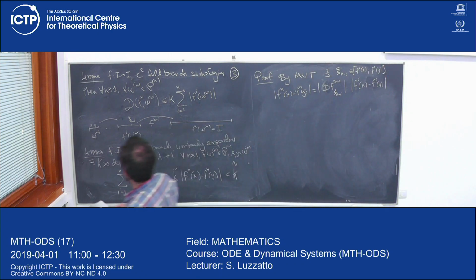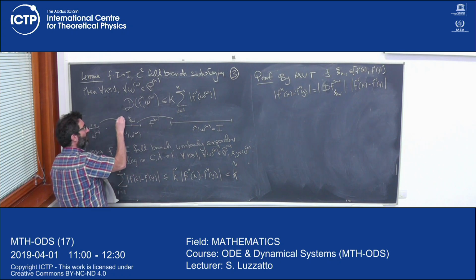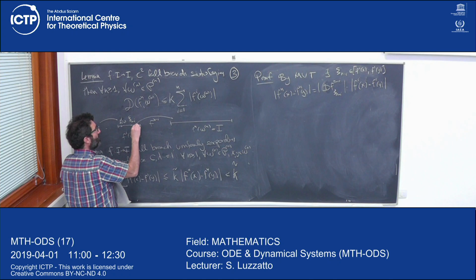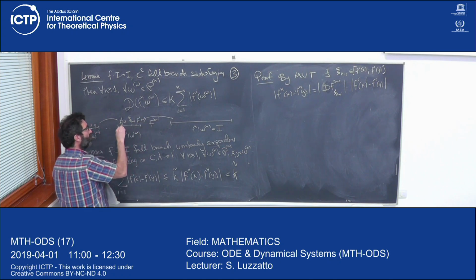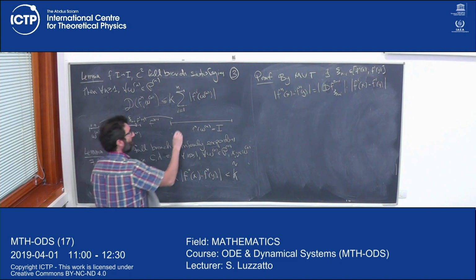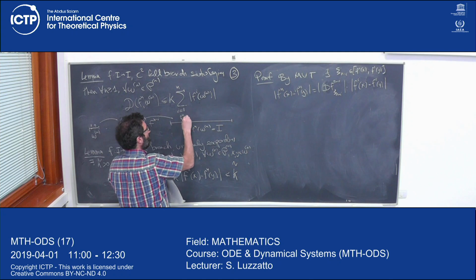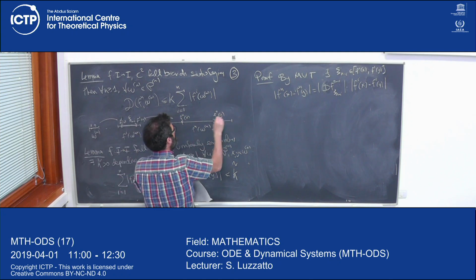So here we have x and y. Here we have fi of x. Here we have fi of y. So here we have this interval. And here we have fn of x and fn of y.